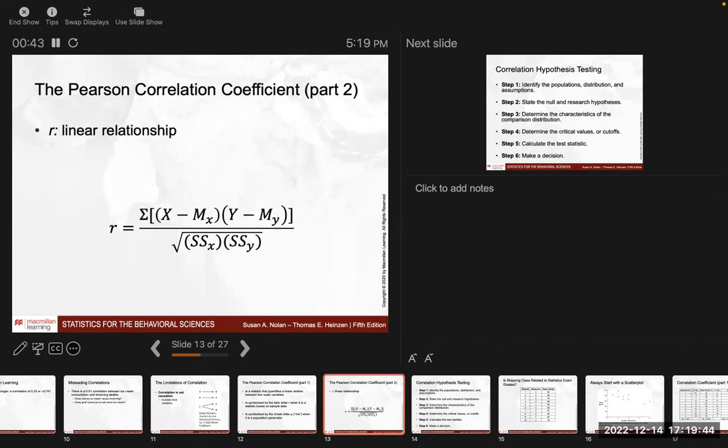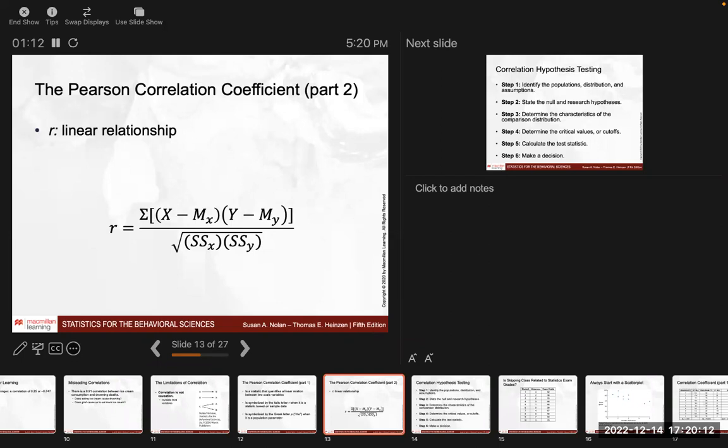So basically, we have a numerator, which is the sum of the products between deviations, not squared this time because we want to preserve the sign, because the sign gives you the direction. It gives you the direction whether it's a positive or a negative correlation. The difference between the positive and the negative correlation is when the x value, the independent variable, gets larger, the dependent variable also gets larger when it's positive, or gets smaller when it's inverse or negative.